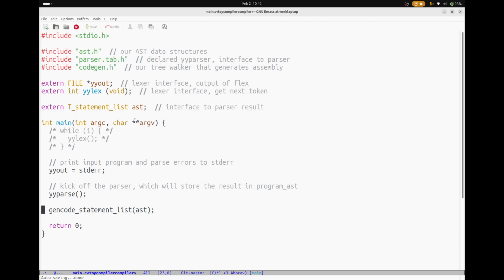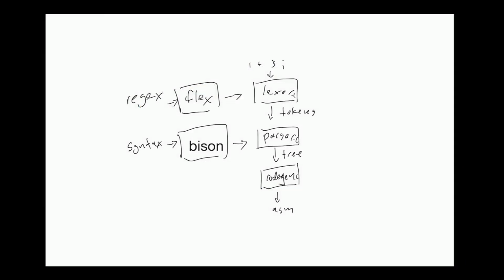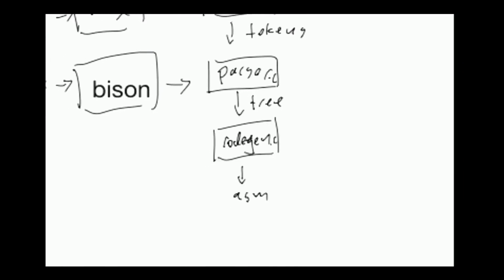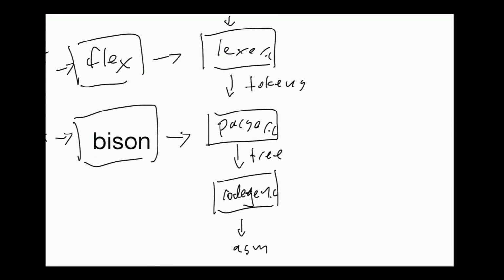It's the same input. So the code generator code is basically identical in this version of the toy compiler. And what your colleague was asking was, is the reason for that that we have the same interface to the parser and the code generator? And that's exactly right. This interface is exactly the same.